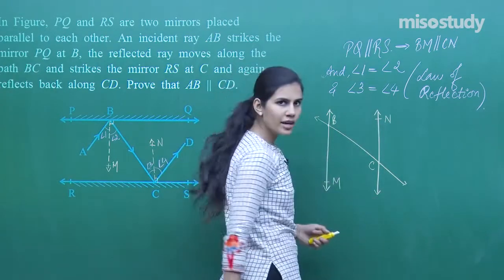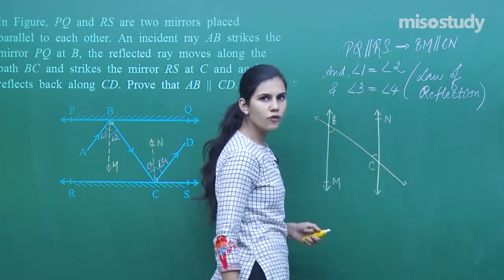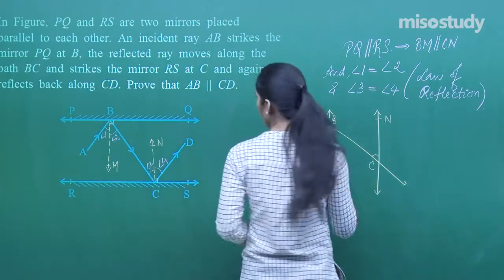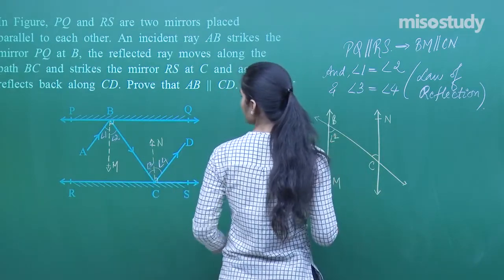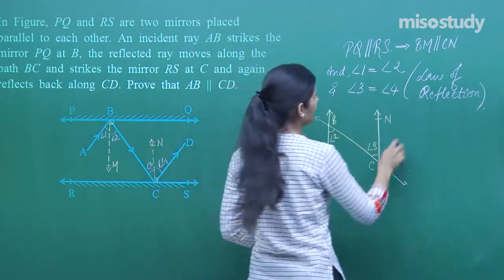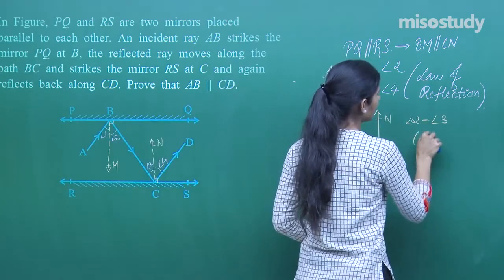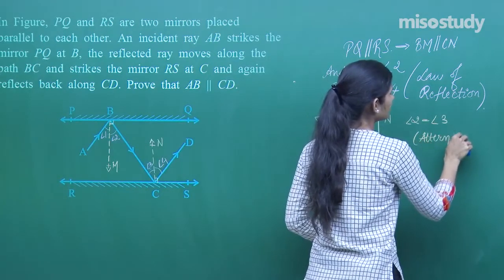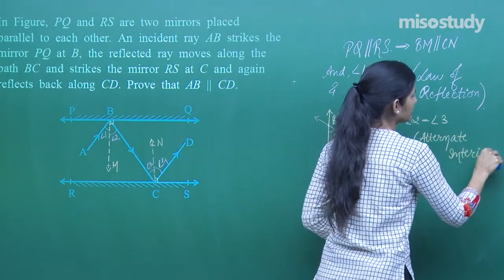This is acting as the transversal. So obviously this angle and this angle will be equal because they are forming a pair of alternate interior angles, which in this situation are angle 2 and angle 3. Yes. So I will have angle 2 is equal to angle 3 because they are alternate interior angles.